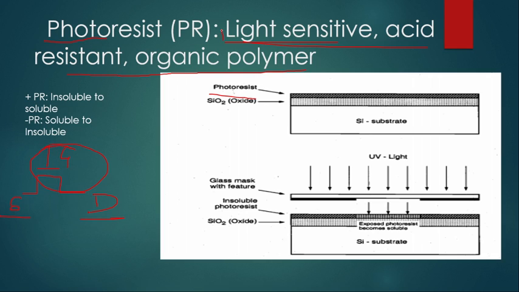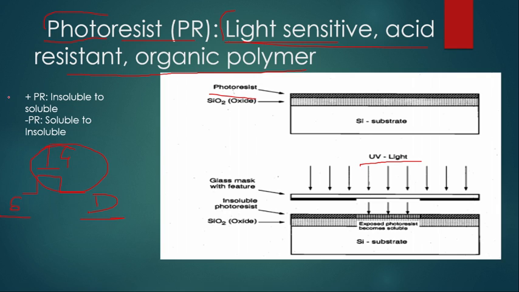So in electronics, whenever the word photo comes along with some parameter, it means it is sensitive to light. Its working depends upon the light. Here it depends upon the UV light. So photoresist changes its solubility by the application of UV light.